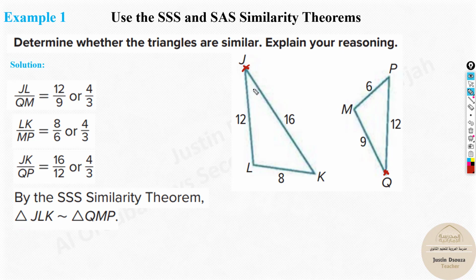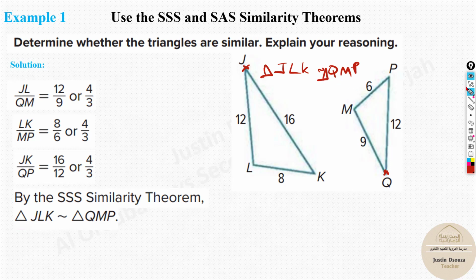I just realized it. This is one thing. And then Q opposite, biggest one is L. So I know J and Q must be corresponding. What about L? L and M. And what about last one? You can just write it K and P. These are similar, they're triangles, and over here also triangle. That's it.